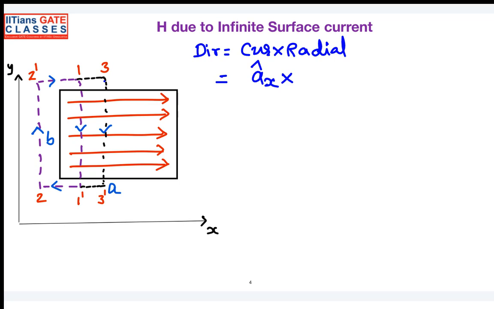So when you have Ax cross Az, you get a y component. Whether it is positive y or negative y doesn't matter. So the magnetic field lies in the y direction. That is the first reason why I have considered a loop along the y direction.